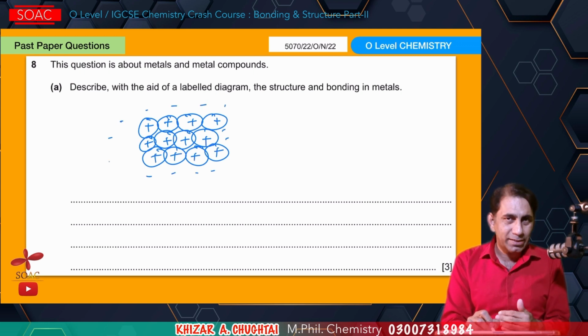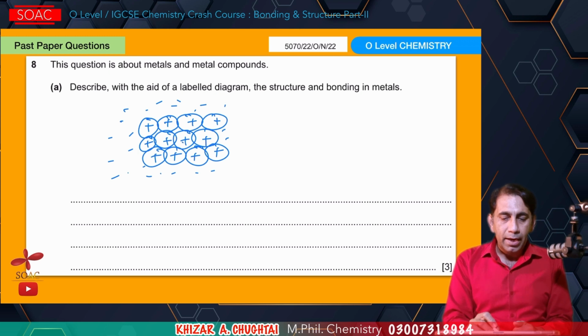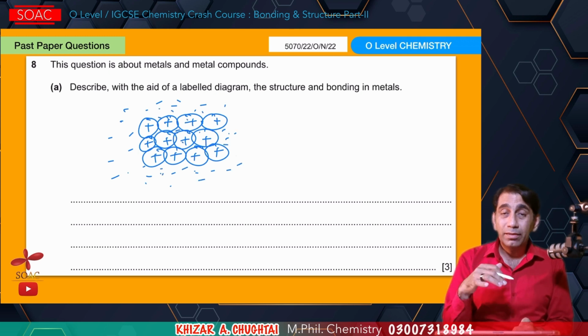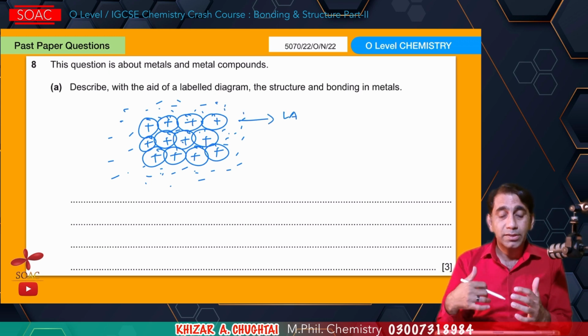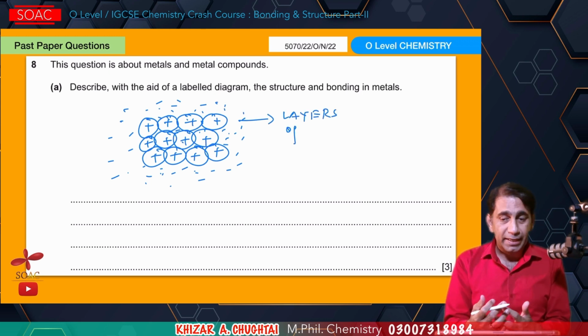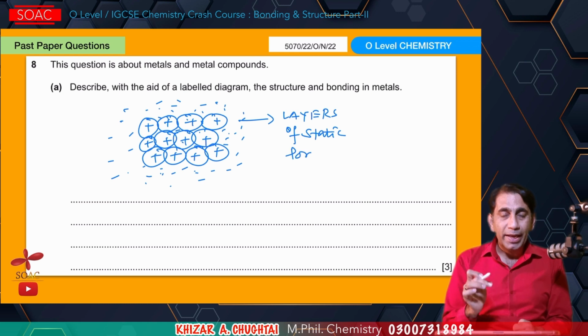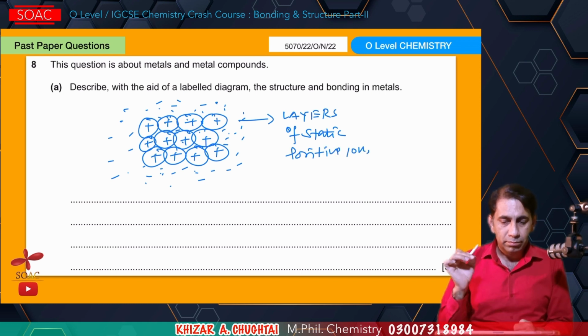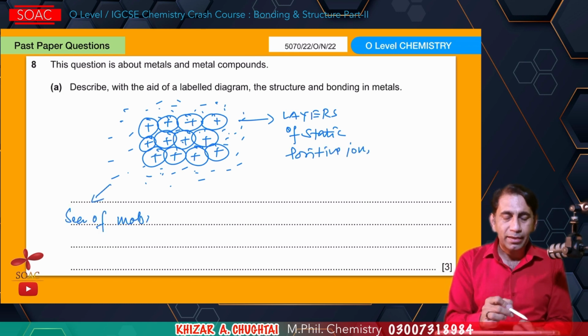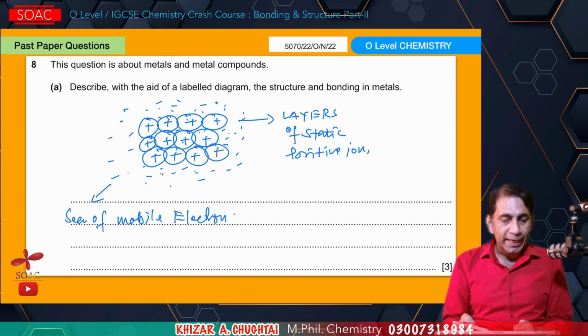So these circles exhibit the basic metallic positive ions, and here are the delocalized electrons surrounding these layers of static metal positive ions. Label number 1: layers of static positive ions. The second label: sea of mobile electrons.